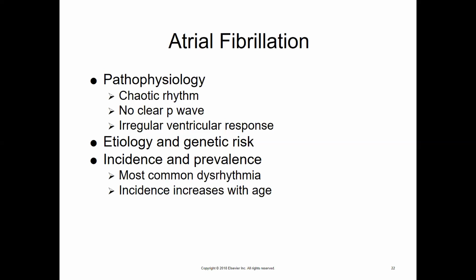The atria just kind of fibrillate. It's not really a flutter, but you don't get a good beat. So blood pools in the atria, and that can cause blood clots, which leads to stroke. It's a chaotic rhythm. On an EKG, there's no clear P wave, and it's just an irregular ventricular response.